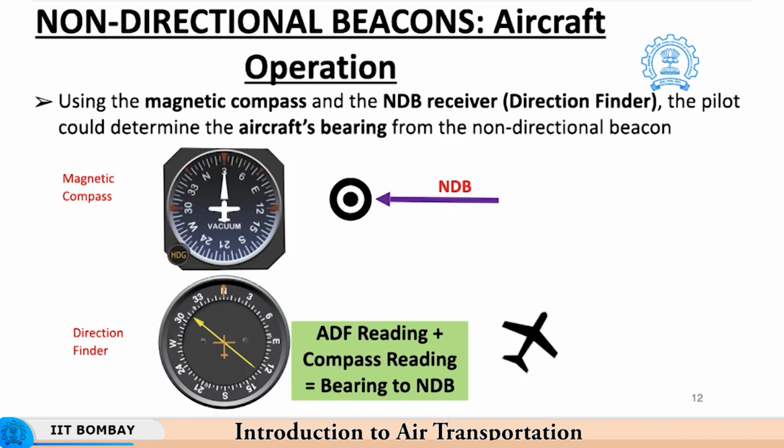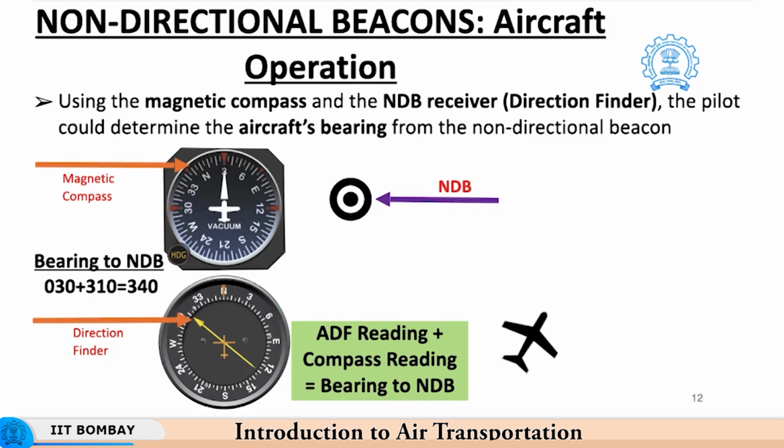Now, when this type of scenario occurs, the magnetic compass will firstly show the heading that is prevailing with respect to the aircraft, that is 30°, and the direction finder would show an indication towards the incoming signal of the navigation aid, that is, in this case, around 310. The ADF relative bearing to the NDB will be calculated by the addition of both these readings, that is corresponding to the magnetic compass and the direction finder.